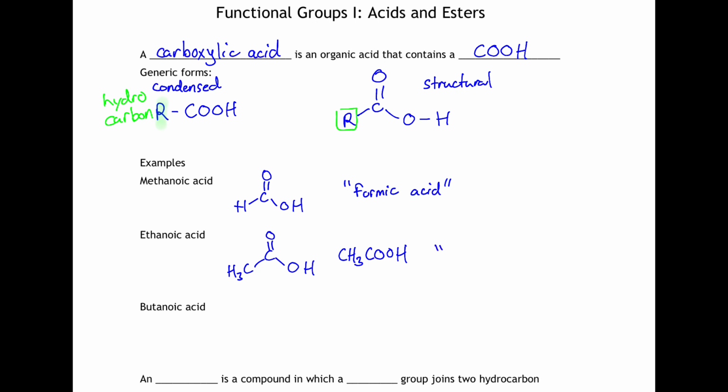It has a common name. That's acetic acid. It also has an even more common name that you may have heard of. Anyone know a better name for acetic acid?